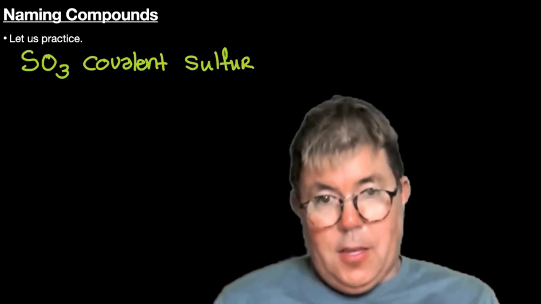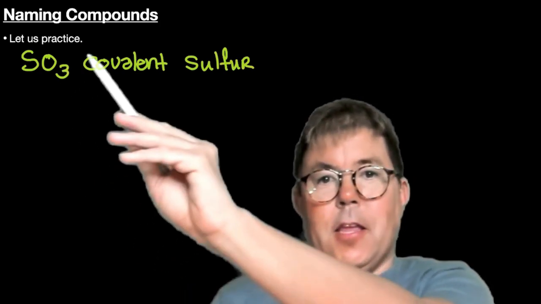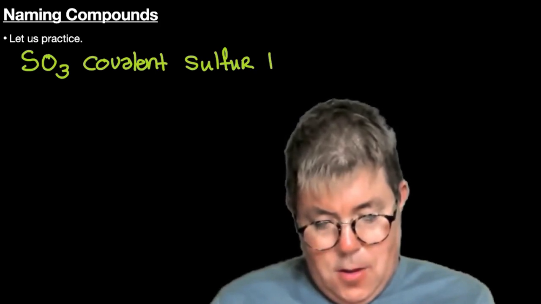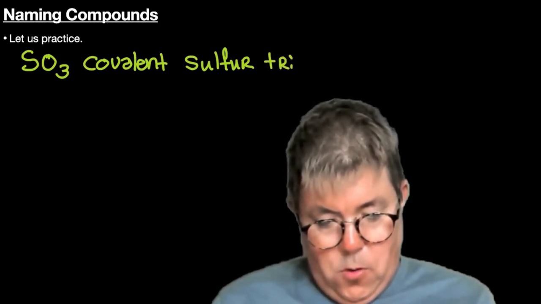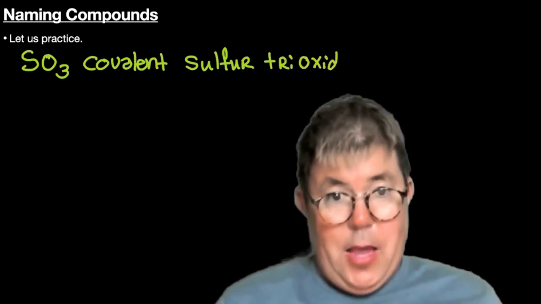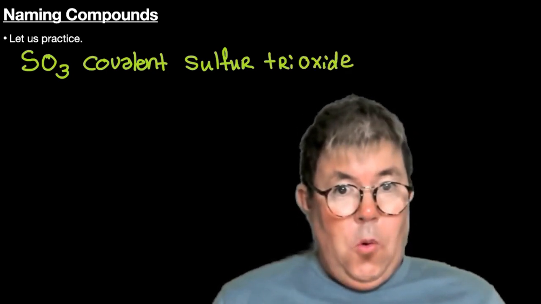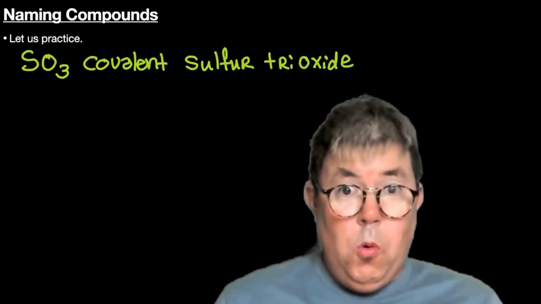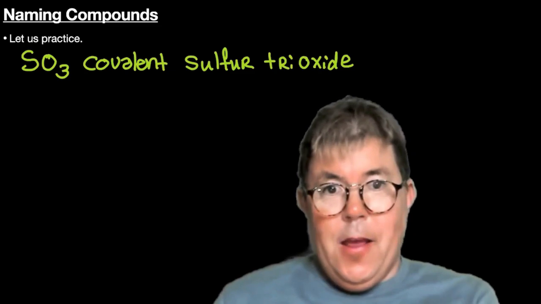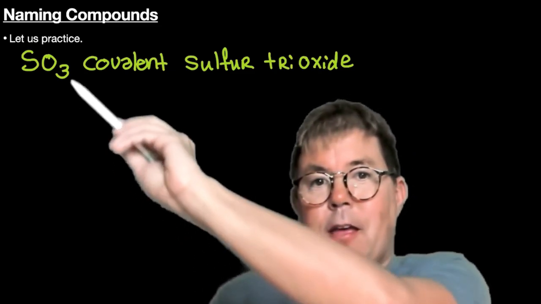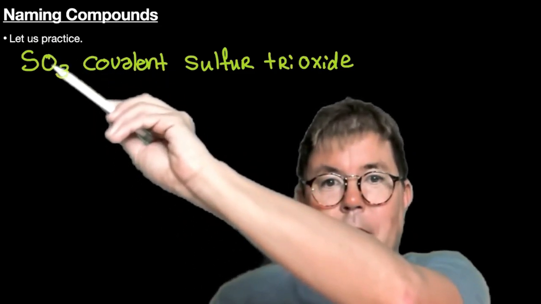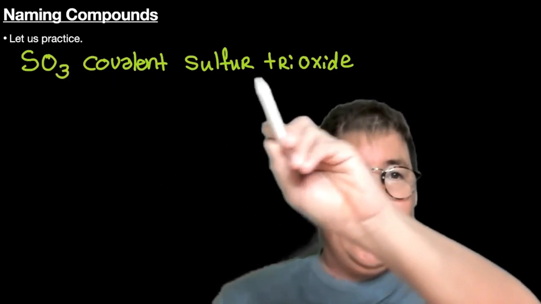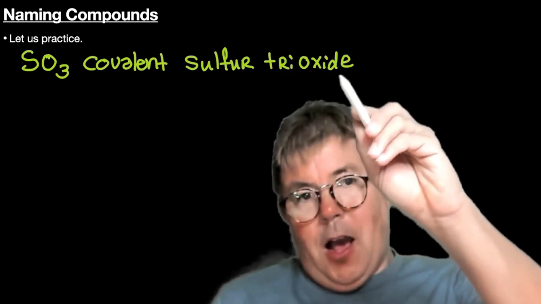We have 3 what? Oxygens. So we're going to use tri, and then we'll use oxide. So when naming covalent molecules, we pretend that the second element is a non-metal ion, I should say anion, and we give the ending what? Ide to it.